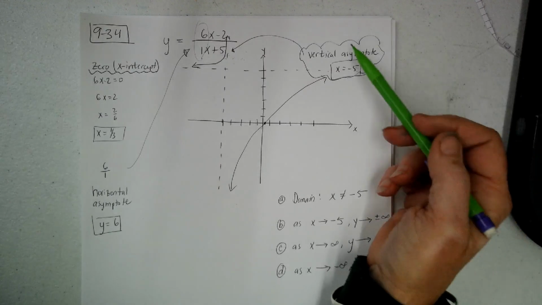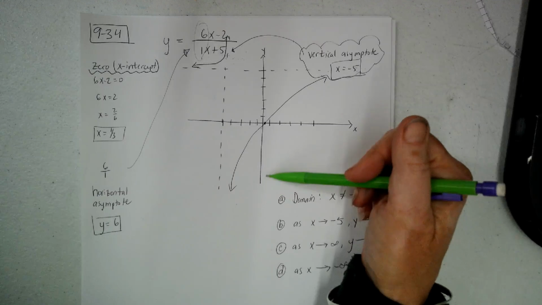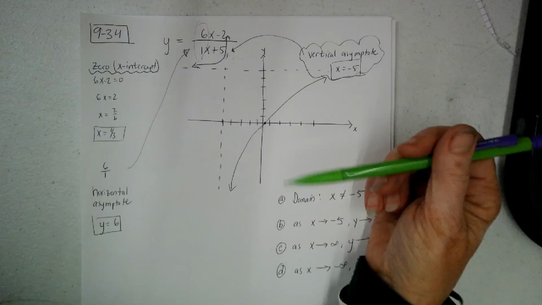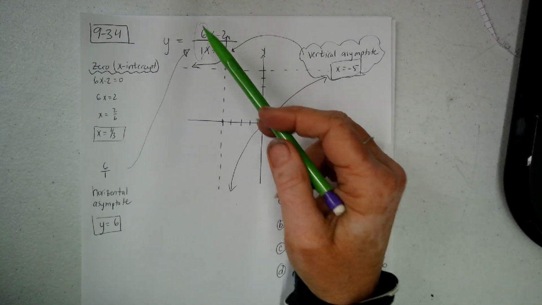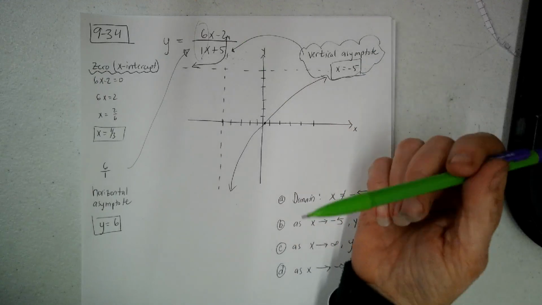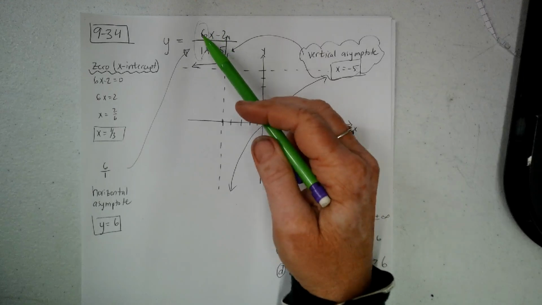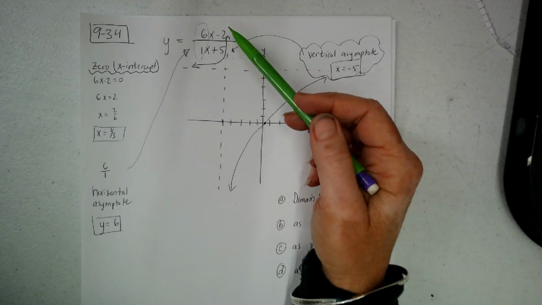And then I wanted to know where the x-intercept was. I know that whenever y is 0, that's the x-intercept. So when this numerator is 0, that's where my x-intercept is going to be, because that's what makes this fraction 0.